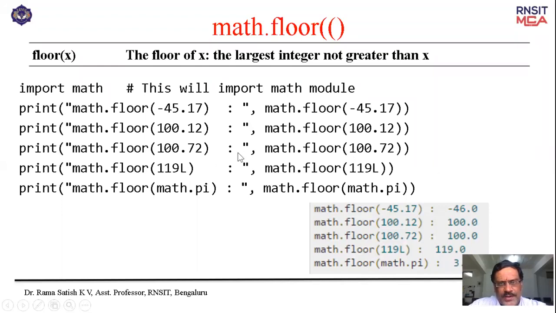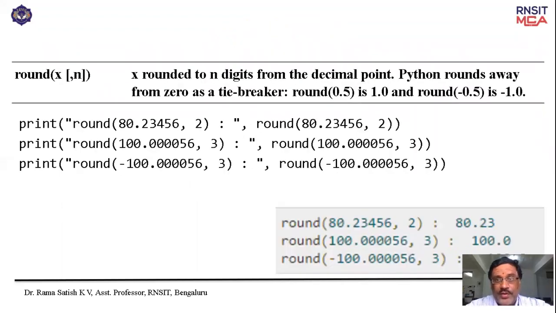Next, round. Round value, very, very important. Round works like a ceil if the fractional digit value is 0.5 or more than 0.5. If it is 0.5 or more than 0.5, it will move to the next integer.